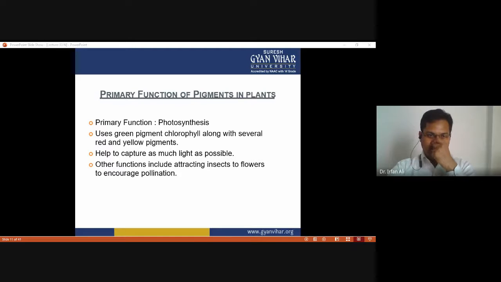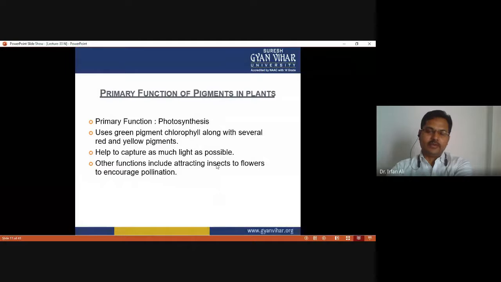These pigments, particularly green pigments like chlorophyll, along with several red and yellow pigments called accessory pigments, form the light harvesting complex, which helps capture as much light as possible so that the efficiency of photosynthesis increases. Other functions of plant pigments include attracting insects to flowers so that pollination can occur.